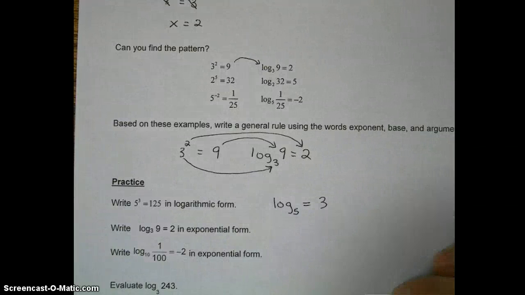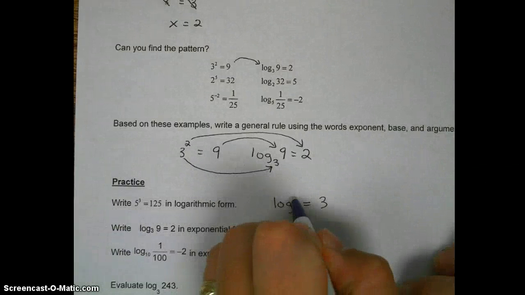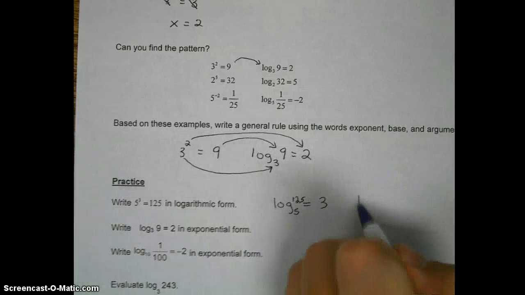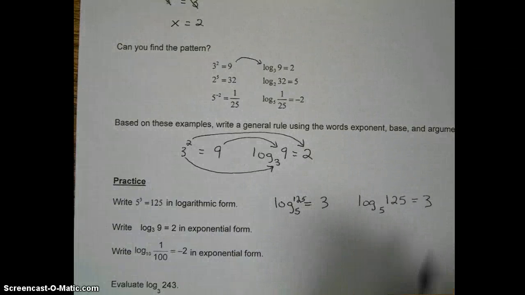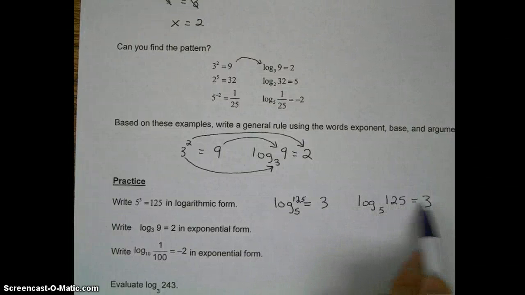And the 125 is the argument. Ran out of space here. Let me rewrite that. Log base 5 of 125 equals 3.